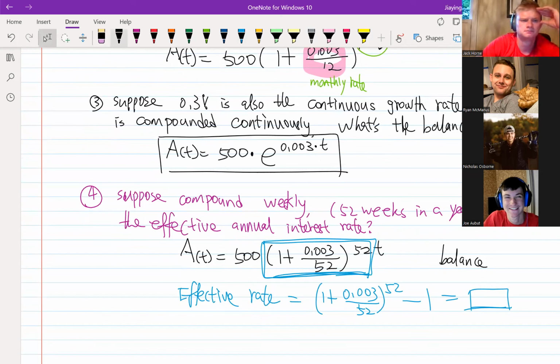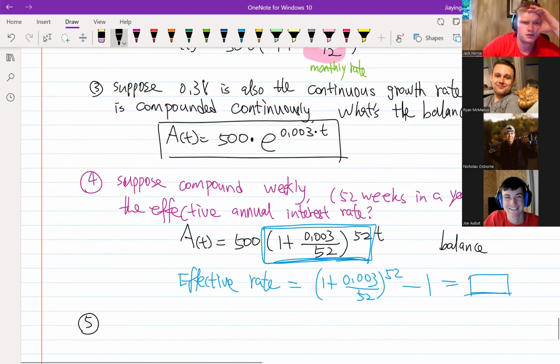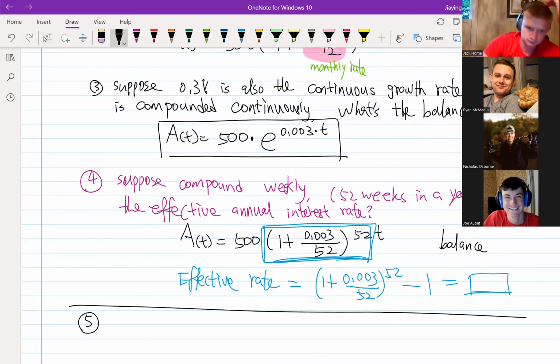All right, so the next problem I have, let's change the problem, not the same setup, but similar.